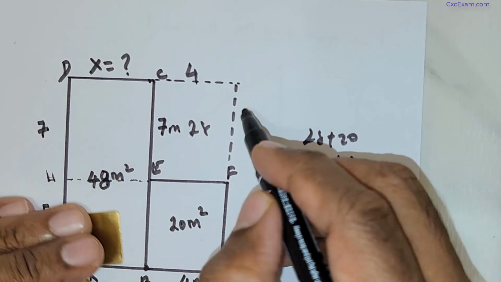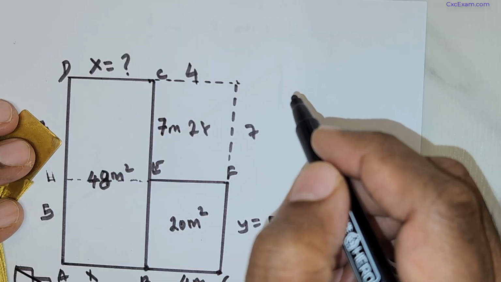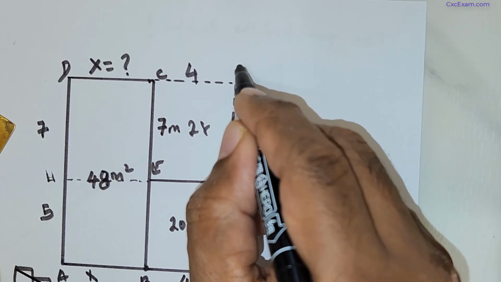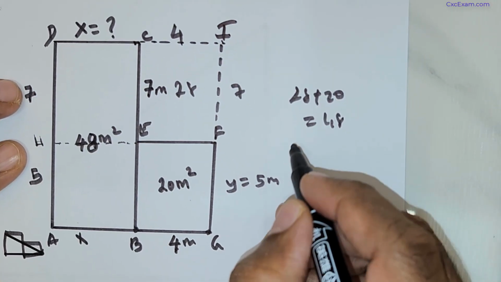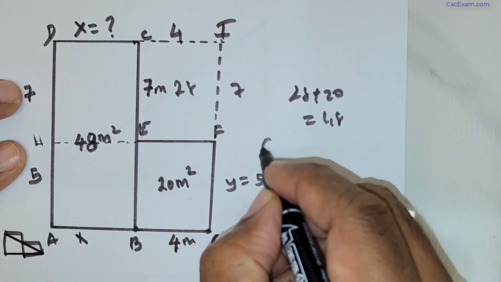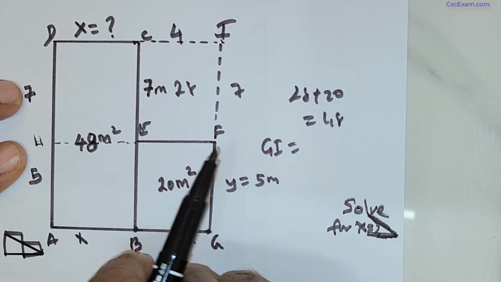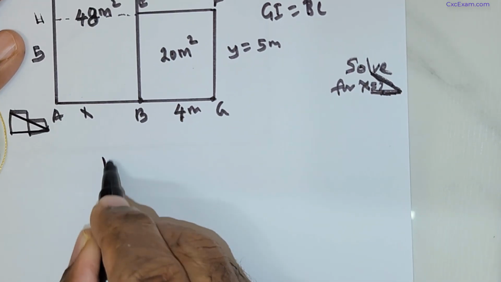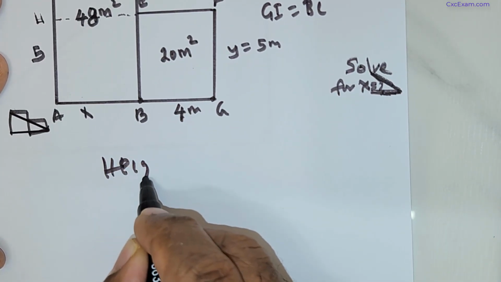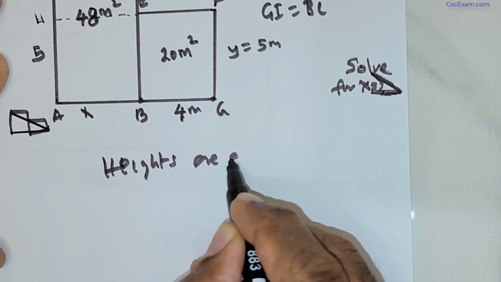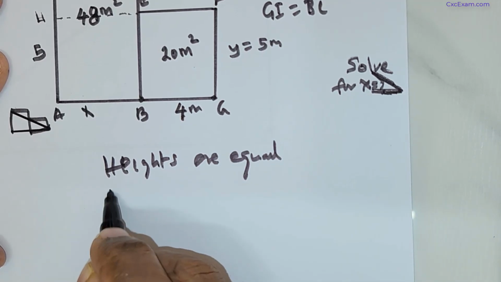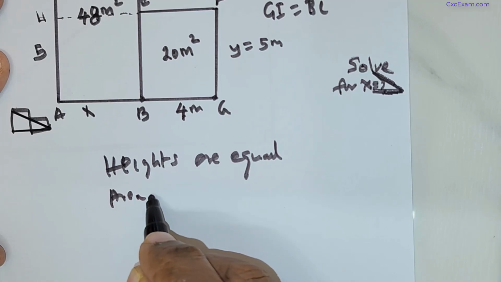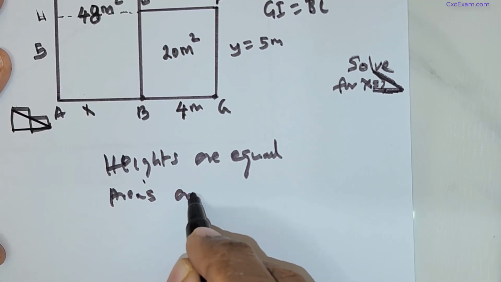What do you have here? 48. So that means now if I were to take this as some I, GI is equal to BC. The heights are equal, and the areas are equal.